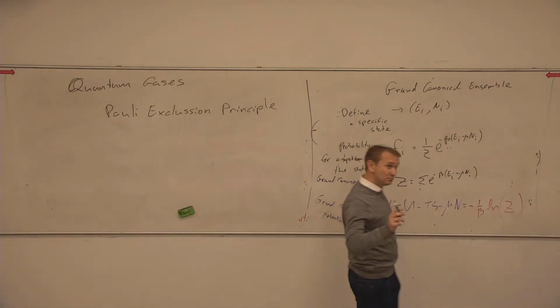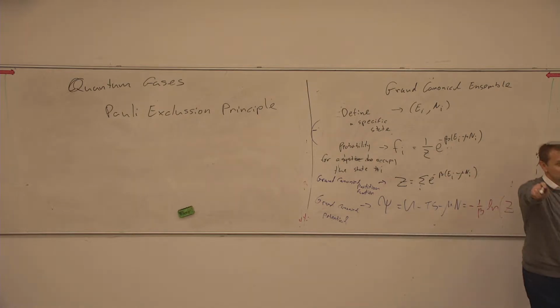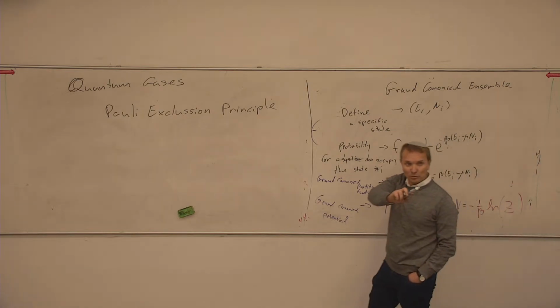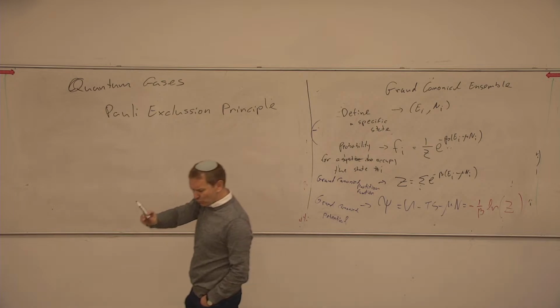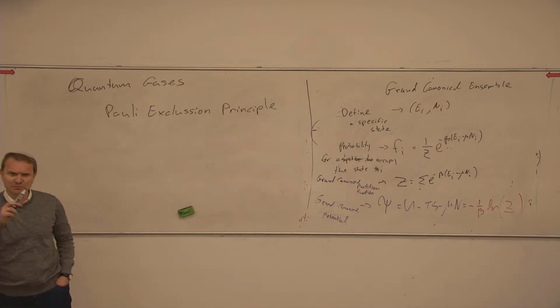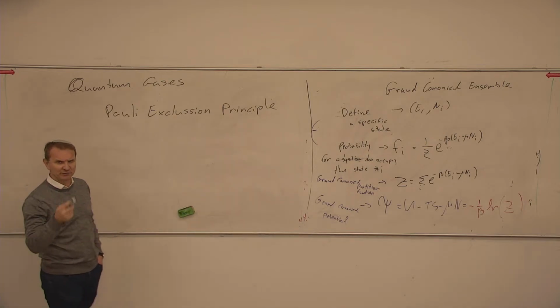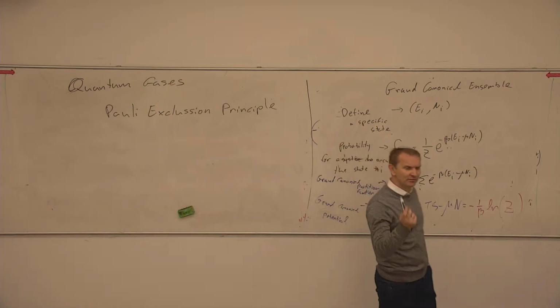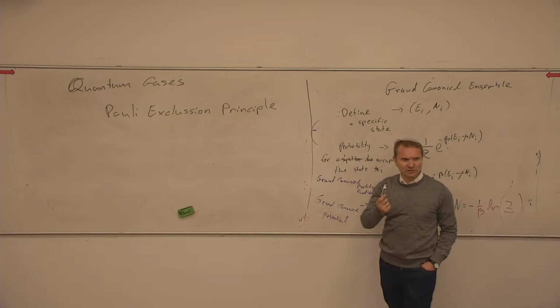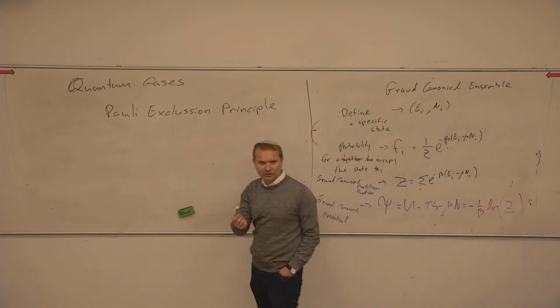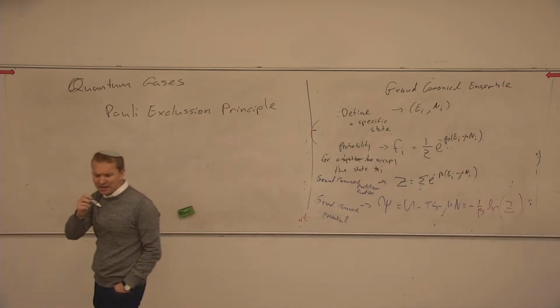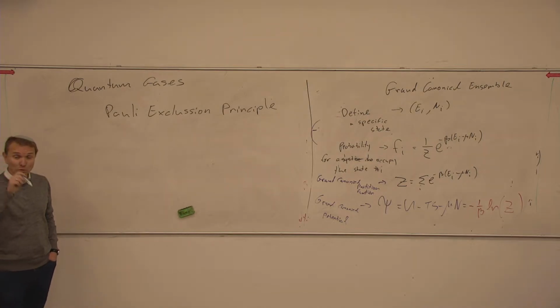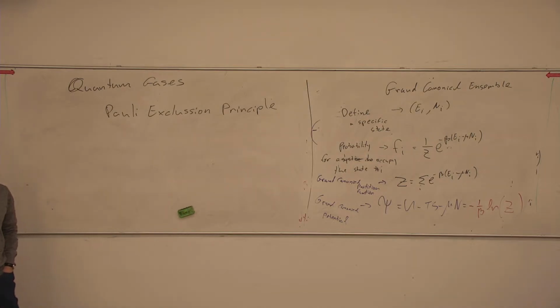So we have bosons and we have fermions. Bosons don't care about each other, so they can be in exactly the same state. Fermions have anti-symmetry in their wave function. They cannot occupy exactly the same state.